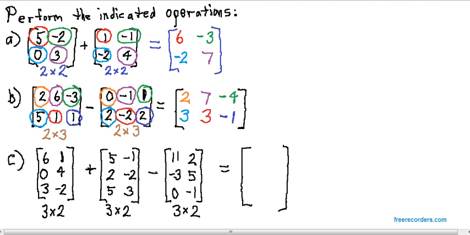So to get the entry in row 1 and column 1, you take the corresponding entries from the 3 matrices you're given, and then you add the first 2 because the first 2 matrices are being added, and you subtract the third one because the third matrix is being subtracted. 6 plus 5 is 11. 11 minus 11 is 0. So that's the entry that goes in row 1, column 1.